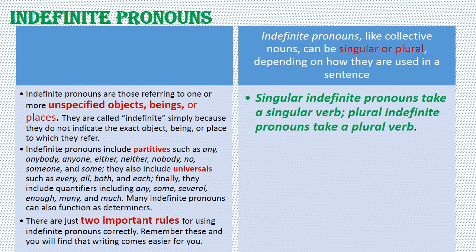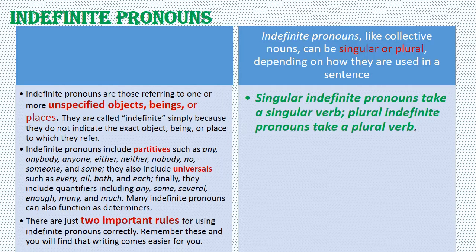And here are some definitions of indefinite pronouns. Indefinite pronouns are those referring to one or more unspecified objects, beings, or places. They are called indefinite simply because they do not indicate the exact object, being, or place to which they refer.